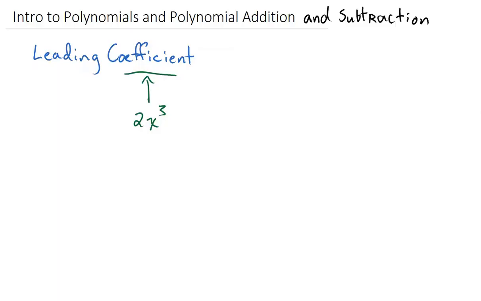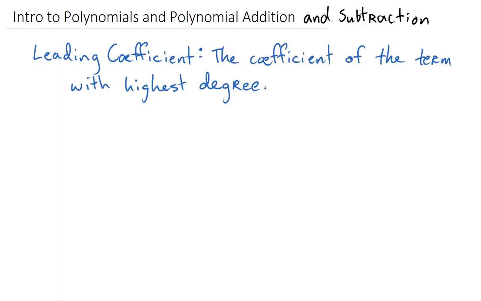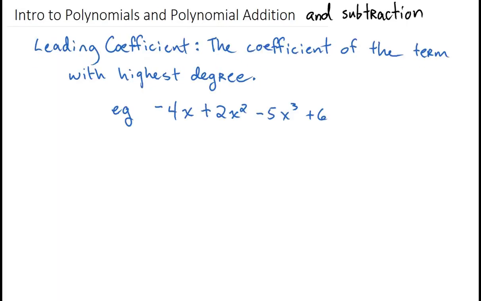So when it comes to the leading coefficient, we could say that the leading coefficient is the coefficient of the term with highest degree. For example, let's say I have the polynomial negative 4x plus 2x squared minus 5x to the third plus 6. Here my term with highest degree is the negative 5x to the third. So what that means is that my leading coefficient is the negative 5 that's with that term.